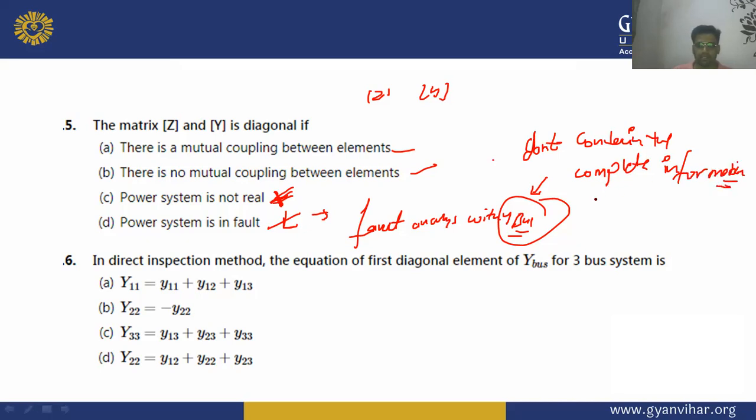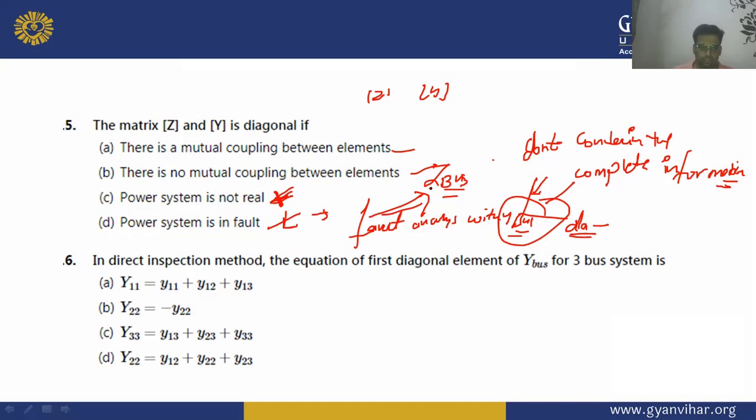Okay, the Y bus does not contain the complete information about the network. It is just reflecting the admittances of the system. So for the fault analysis, it is always better to have a Z bus, that is your impedance matrix, which we will be discussing in the coming sessions.